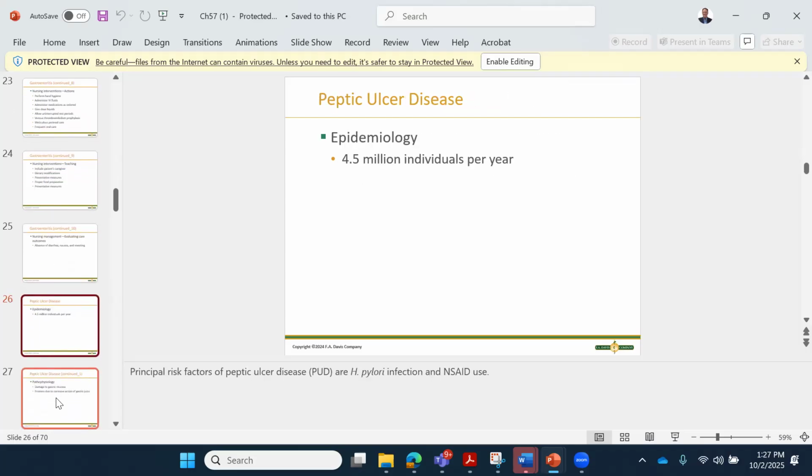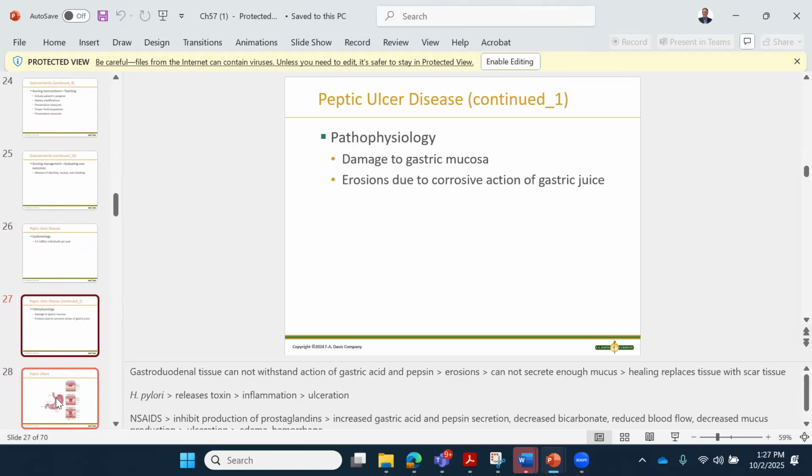Peptic ulcer disease. This should be a review for you all, but it includes damage to the gastric mucosa. And one of the leading causes of peptic ulcer disease is H. pylori.